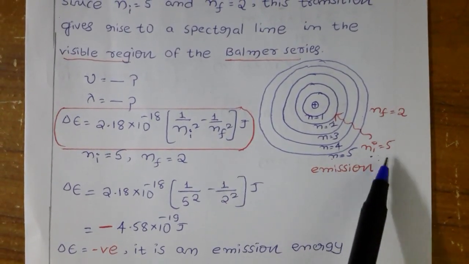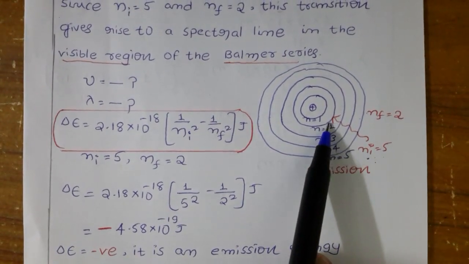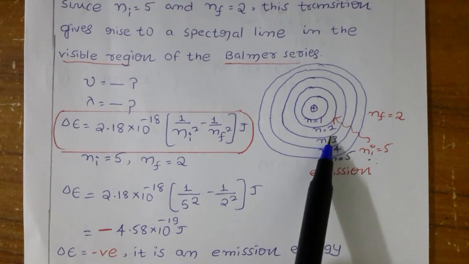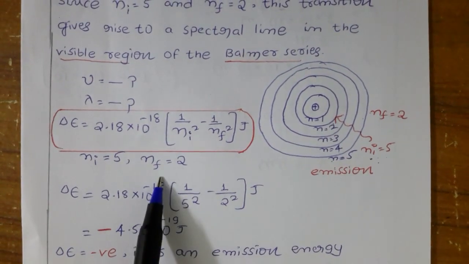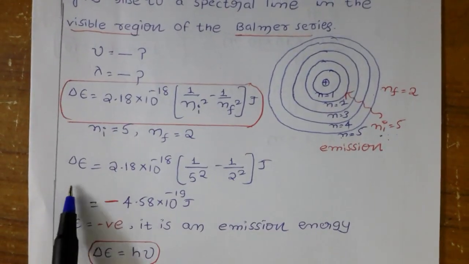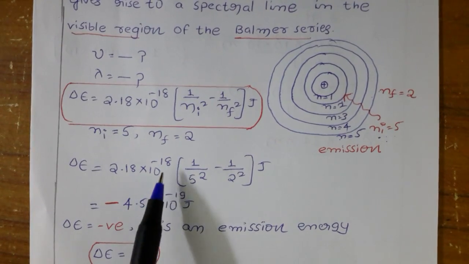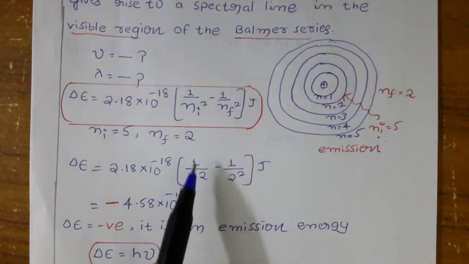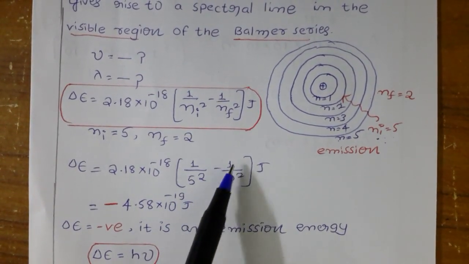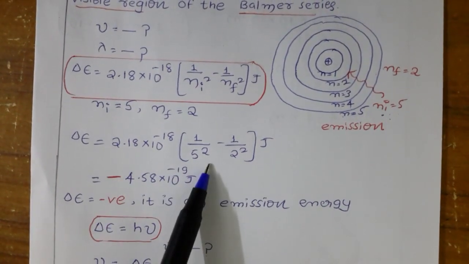The initial value is 5, because the electron from the upper orbit comes down, and the final orbit is where it stops, the second. So the final orbit number equals 2. Now if you substitute the values in the above equation, delta E equal to 2.18 into 10 to the power of minus 18 into 1 by 5 square minus 1 by 2 square, in joules.